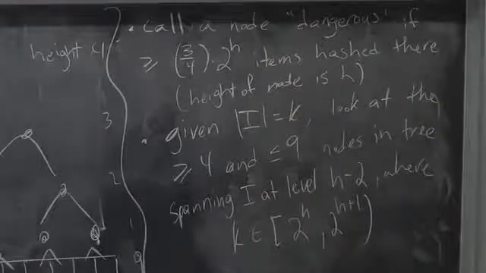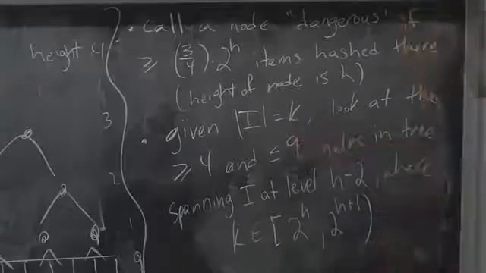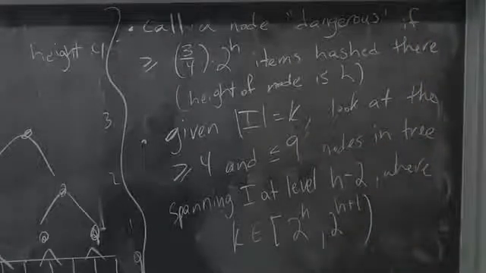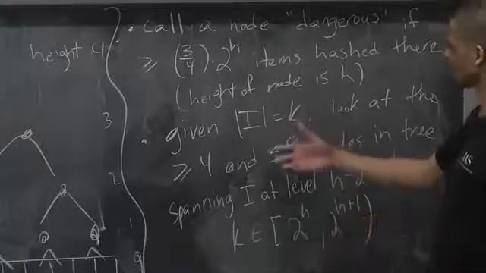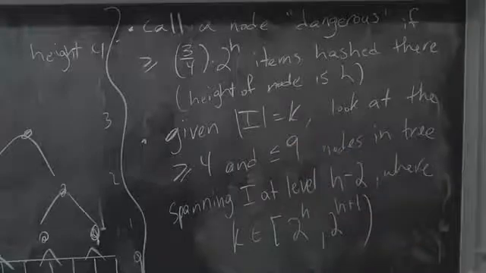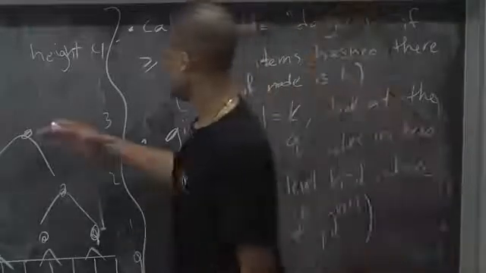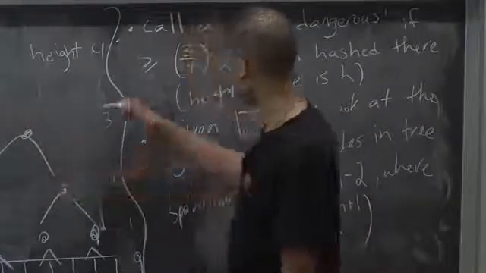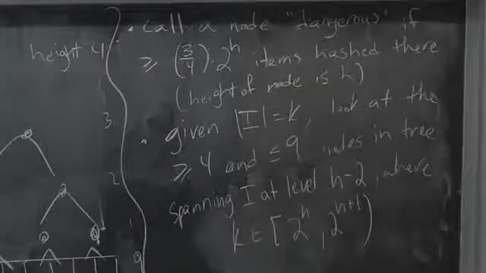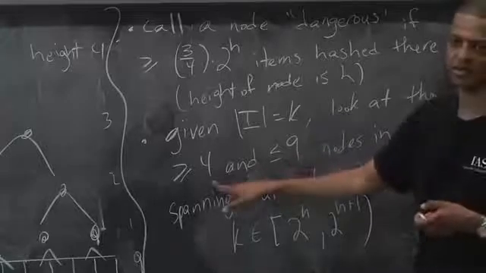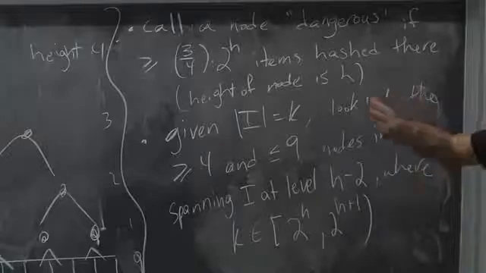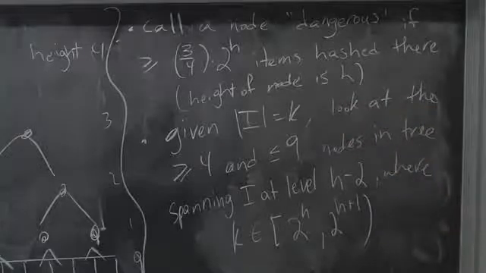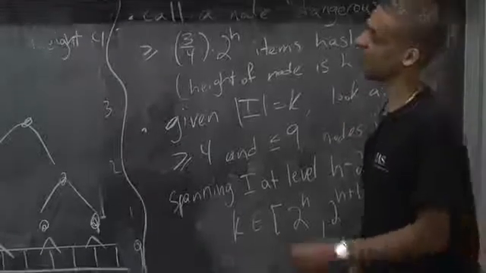So we have this interval of length k, and k is roughly 2 to the h. Look at intervals that are roughly 4 to 8 times smaller, so like 2 levels below in the tree, and look at the ones that span this thing. I claim that there are certainly at least 4 because they're 4 times smaller. And they're at most 9 because they contain at least an eighth of the interval, and there might be one left over. Anyway, they're a constant, is the point.